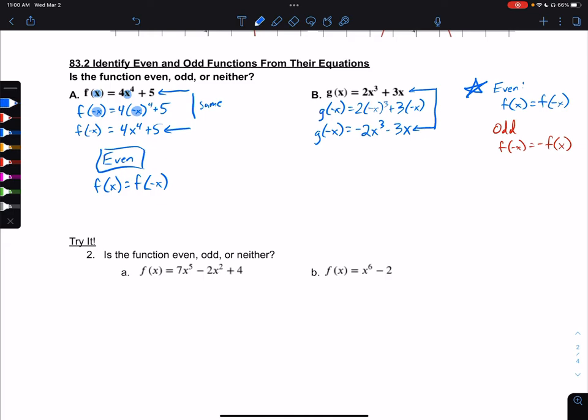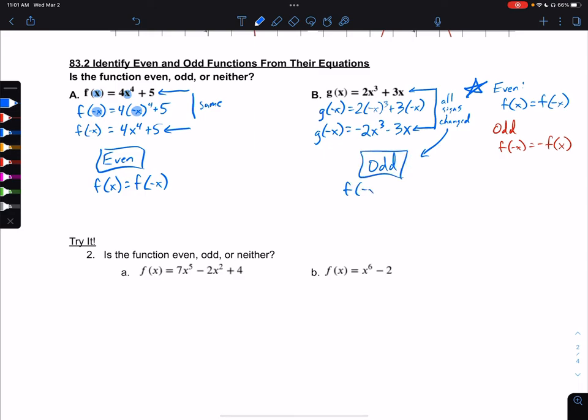The 3x became a negative 3x. So what happens is all signs changed. Positive 2x cubed became negative 2x cubed. Positive 3x became negative 3x. So since all signs changed, that tells me that this is an odd function.